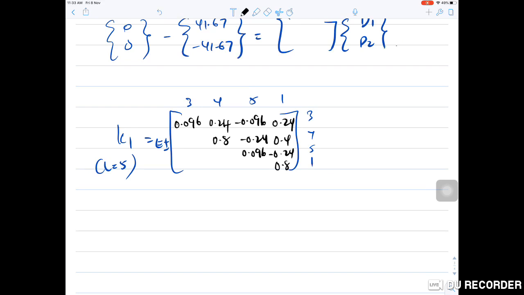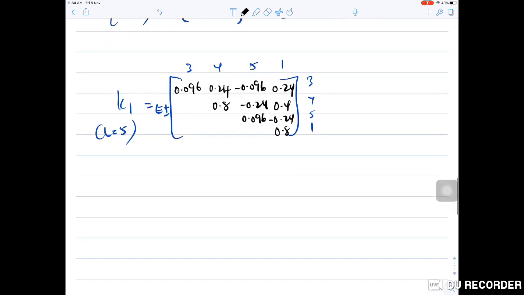Since L is the same, we get all the same values for K2 and K3.